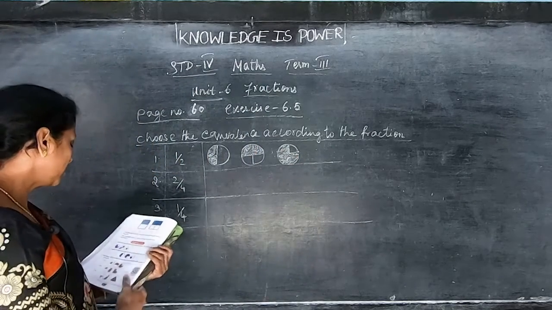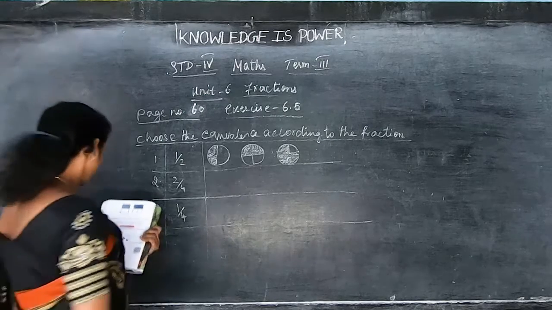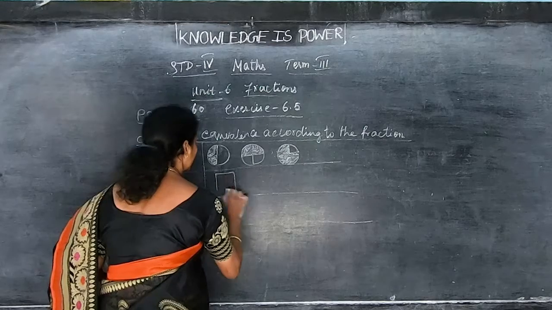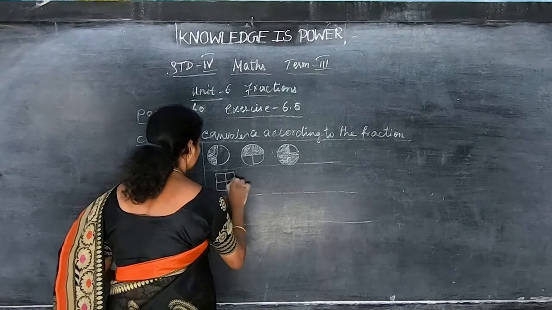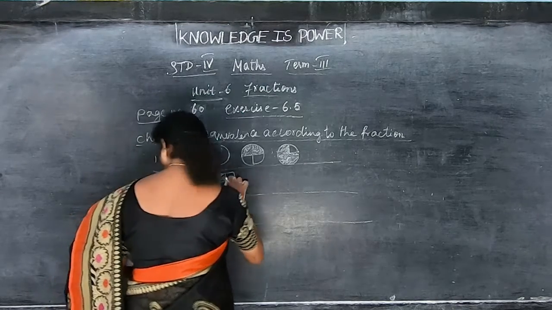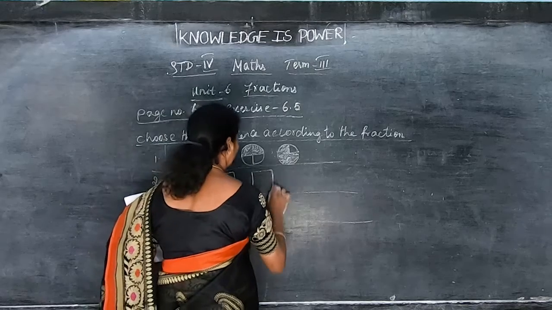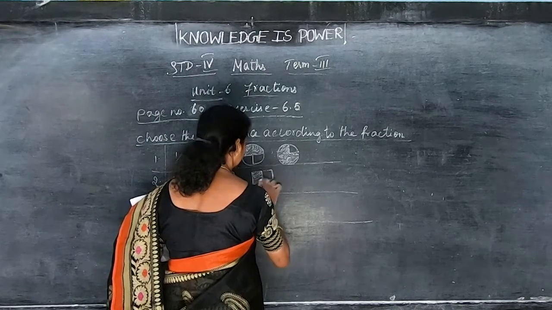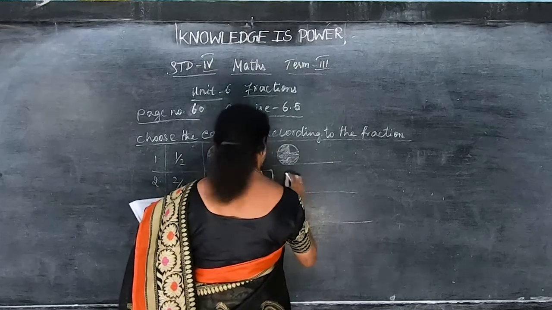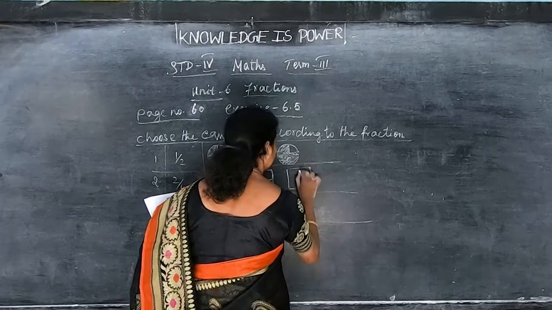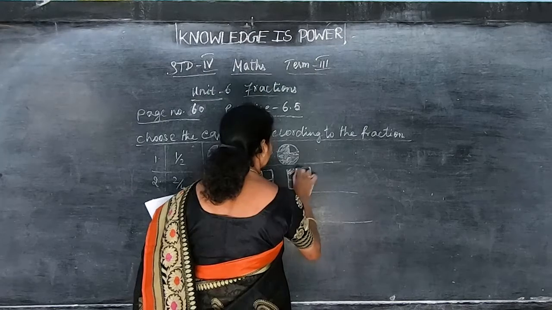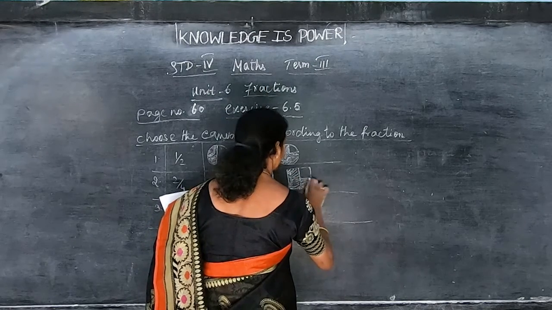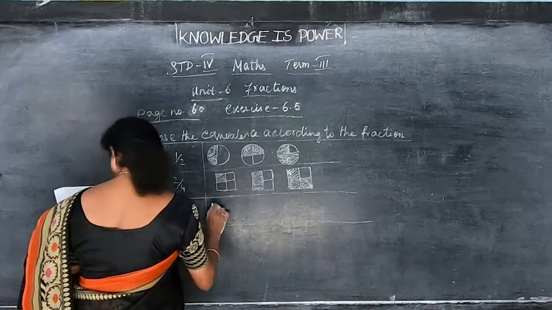Choose the equivalence according to the fraction given against the pictures. And here 2 by 4. Only this. And here this. Then the last one 1 by 4.